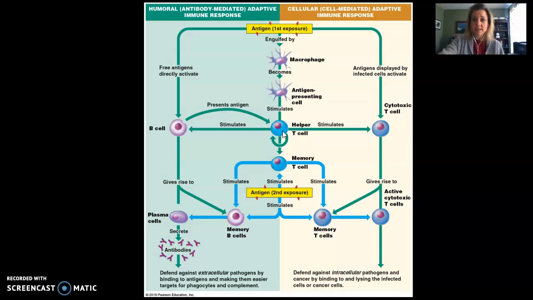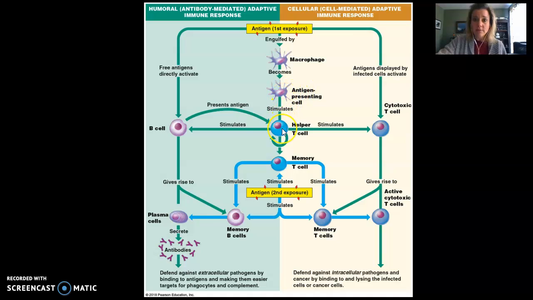It's going to secrete cytokines to stimulate B cells, which will then proliferate, again a fancy word for divide, and differentiate into plasma cells that secrete antibodies, and memory B cells, which form the foundation for the secondary immune response, preparing the body for when or if we encounter this same antigen again.